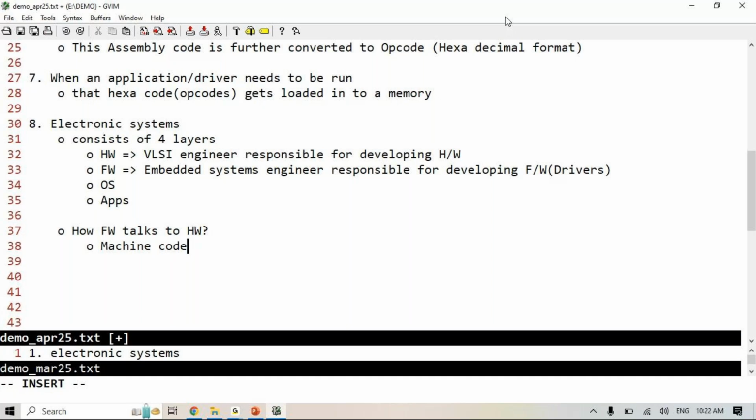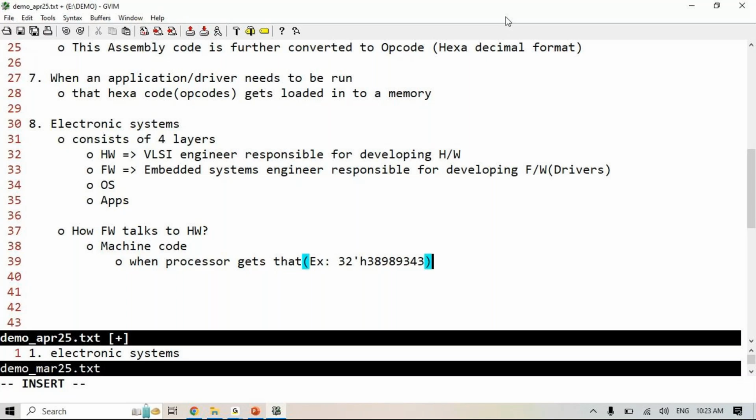Machine code is some kind of code which, when the processor gets that code, for example, I'm just giving one example, in real life it will be millions of such things. How many? Millions. That is how your applications are so big.